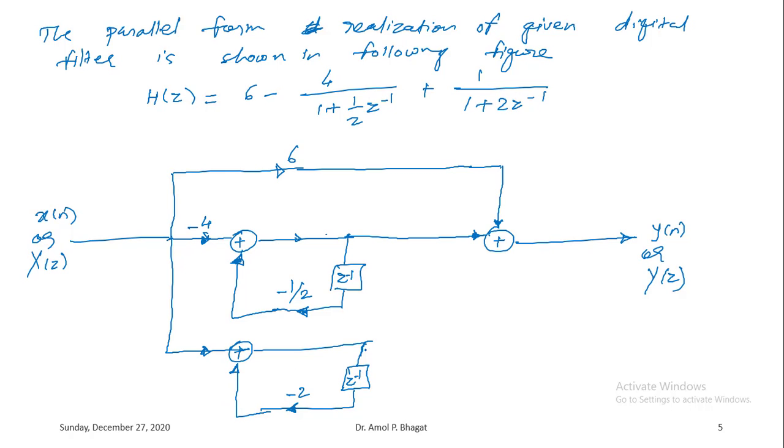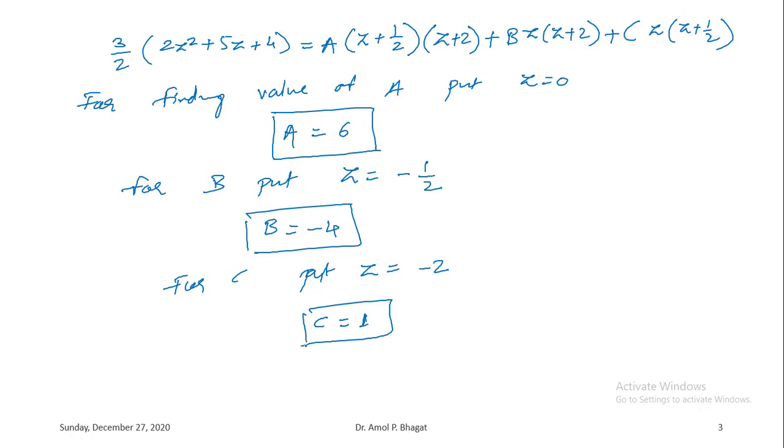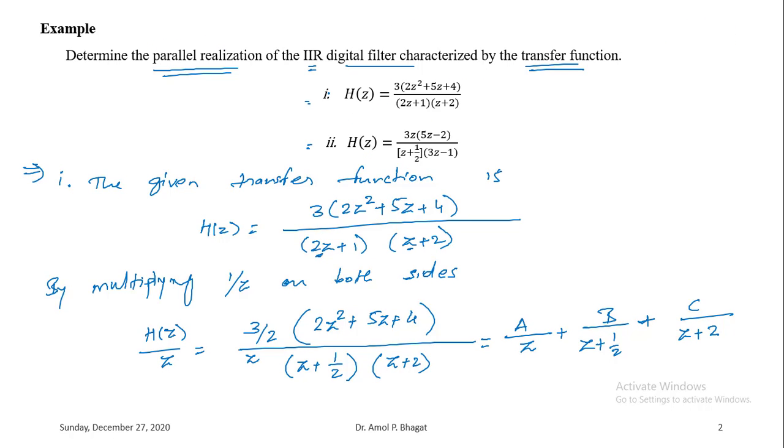That will be added here, right? This result will be added into this adder. Okay, this is how you will draw the parallel realization, right? So this is for the given equation. Okay, so the given equation was this first one, so we had drawn it for this first equation.